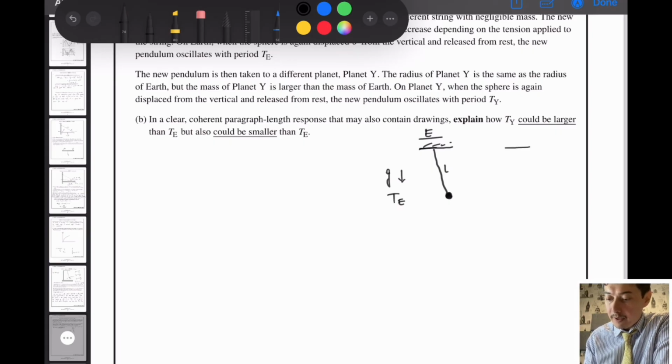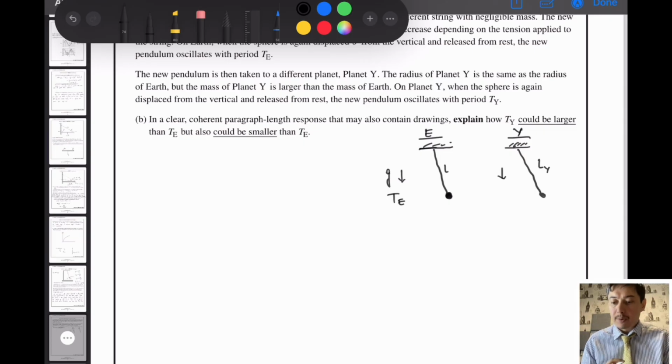But on another planet, planet Y, what do we have? At Earth it was L, and it was elastic. Because it was elastic, we are not sure if it's going to be the same or not. Let's say Ly.